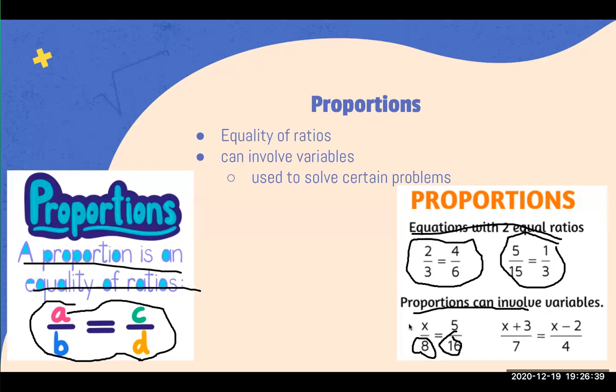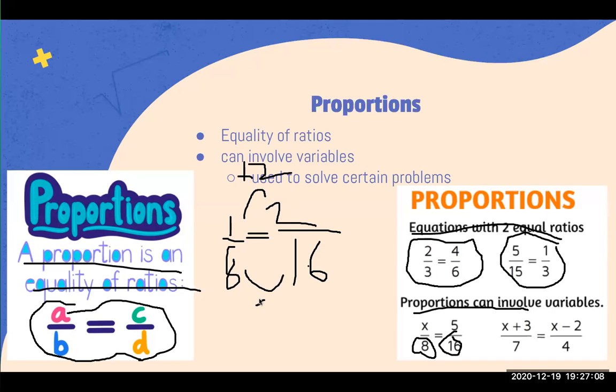So 1 over 8 is the same thing as 2 over 16, because you're multiplying both the top and bottom by 2. That's what makes them equal. So these are equivalent fractions.